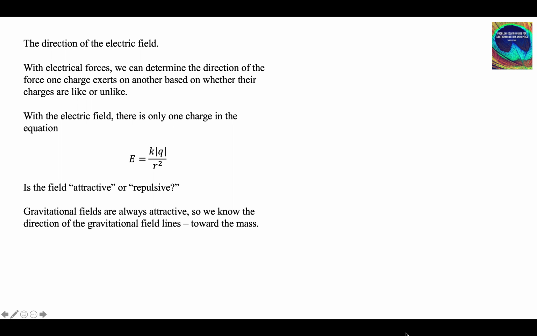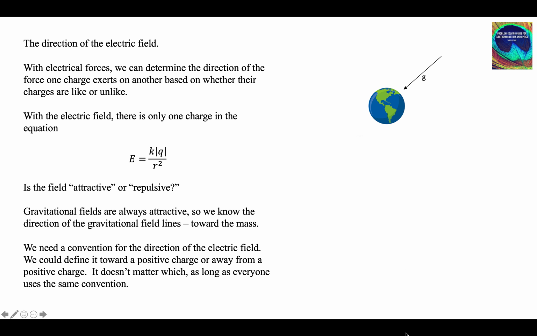We know the direction of the gravitational field lines. They're towards the mass. The gravitational field of the Earth is towards the center of the Earth. There's g. It's simple. Electric field is more complicated. We need a convention. We could define it towards a positive charge, or we could define it away from a positive charge.